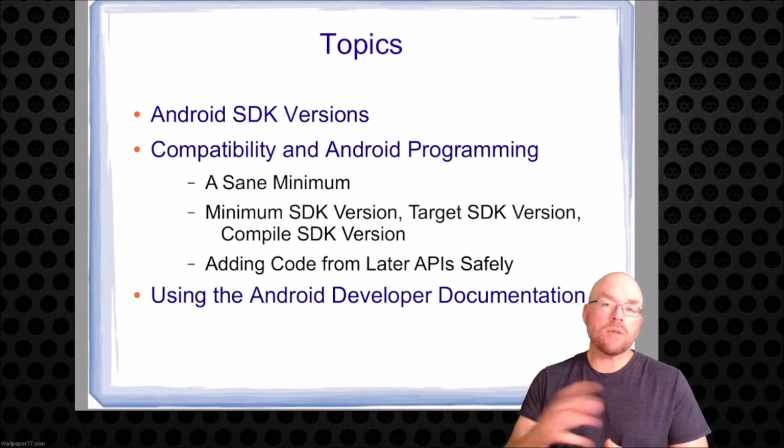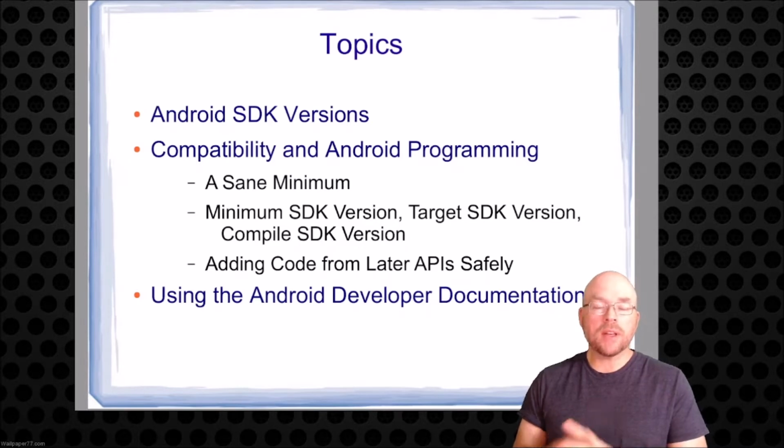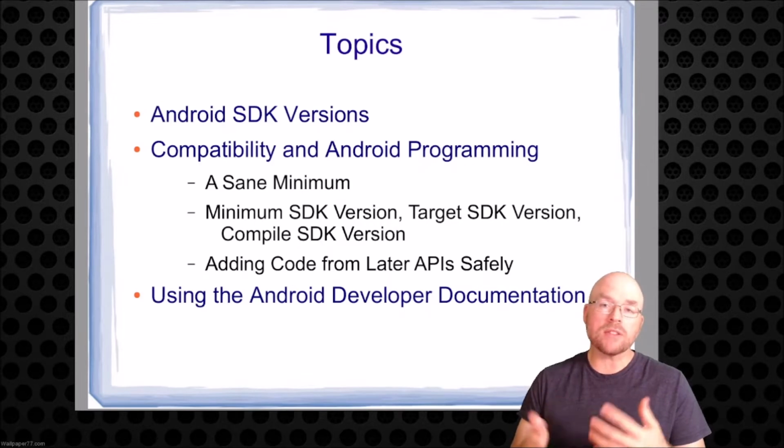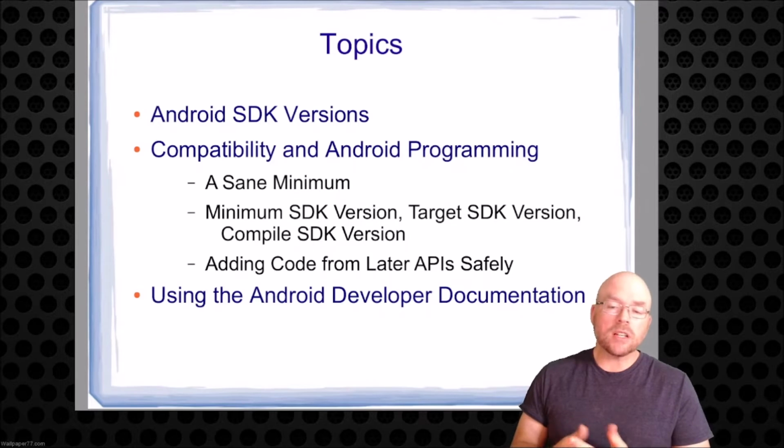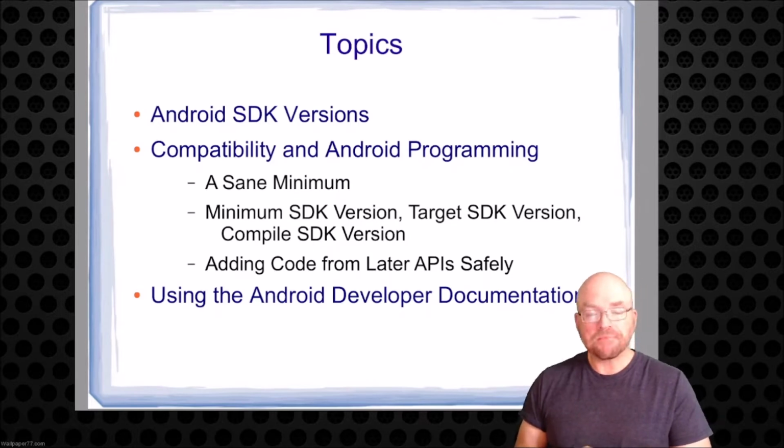Depending on what version of the SDK you are using, that's going to determine what features you have available in your app, and also what Android devices can actually run your app, or at least make use of those features. We'll see how we can code around some of these compatibility issues in a second. So we're going to talk a little bit about a sane minimum.